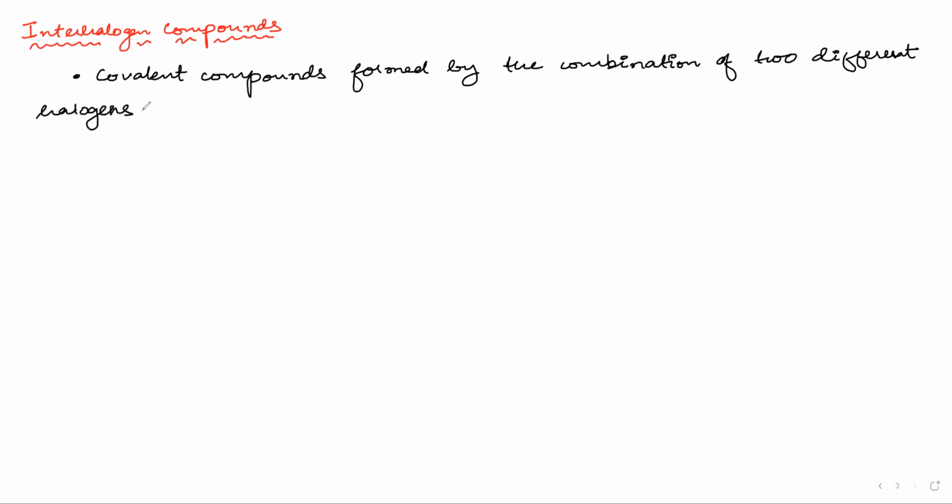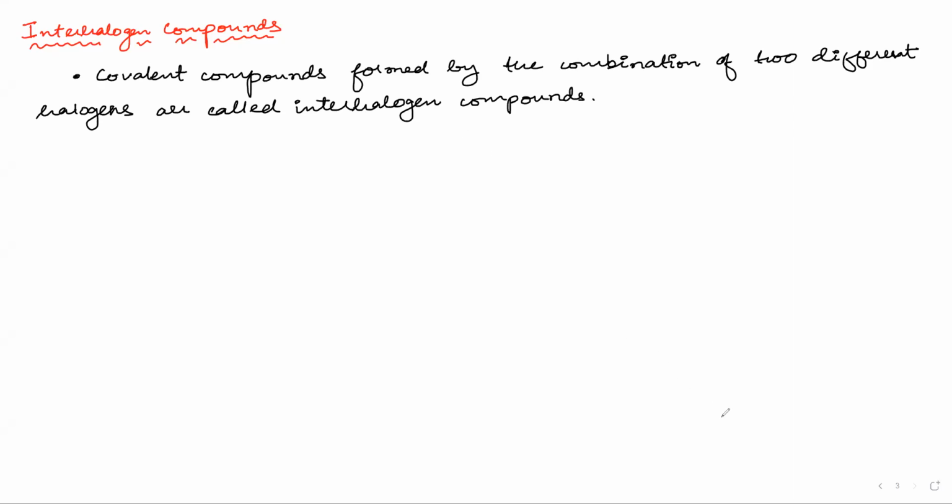Covalent compounds formed by the combination of two different halogens are called inter-halogen compounds.